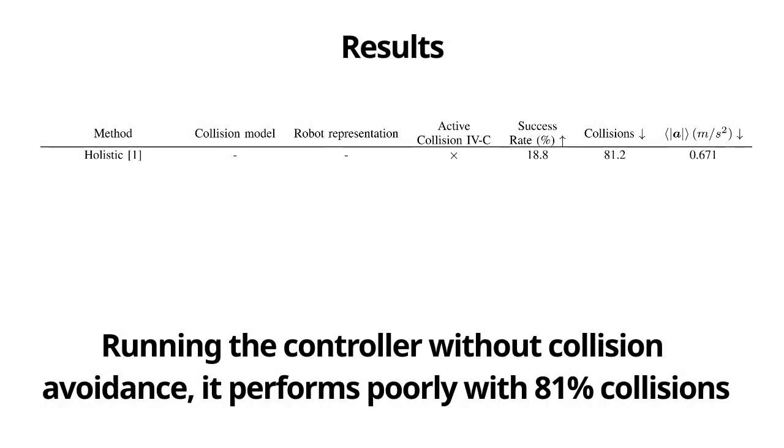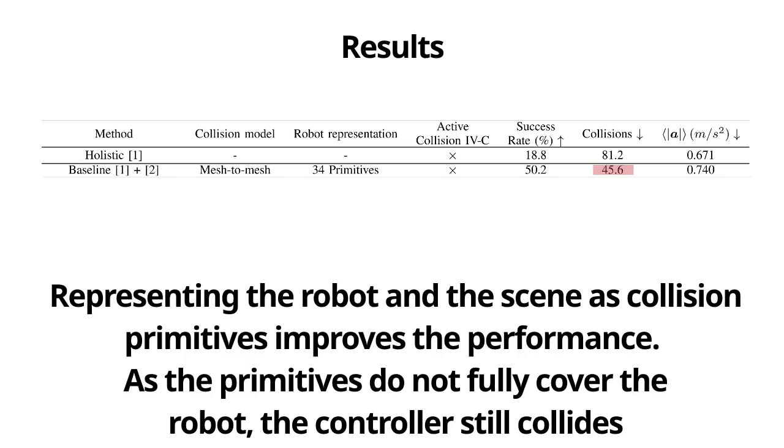The results of our experiment first show that running a controller without collision avoidance caused it to collide in 81% of the experiments. In contrast, by representing both the robot and the scene as collision primitives, performance improves. However, because the primitives representing the robot do not fully cover it, the robot still collides.